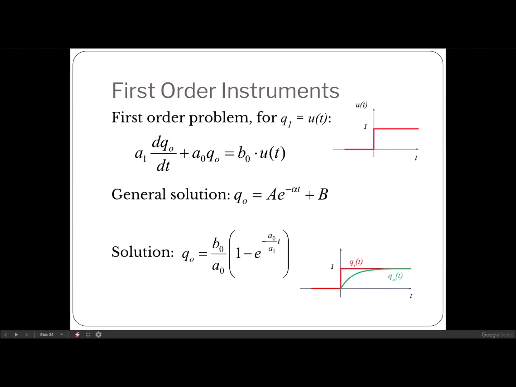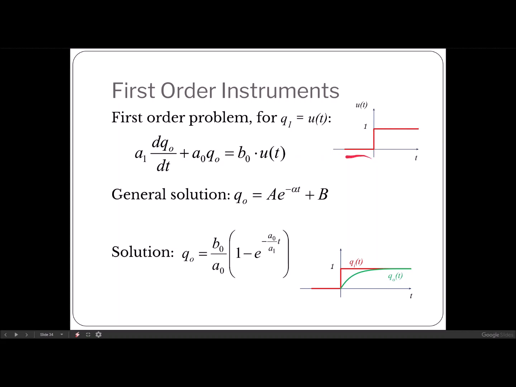If we give a constant input to this system, Qi is a constant input, I call it U2, or sometimes mathematically we call it a step input. The input will be like this, it's a step function.